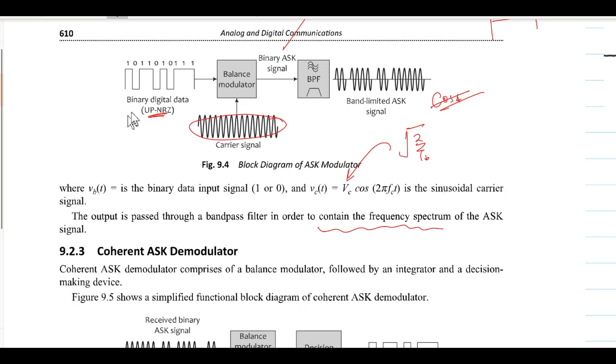Sometimes the product has very high frequency components from the input binary data stream that need to be cut off, so that what is left is only within the frequency of the carrier, and therefore that is the purpose of the bandpass filter.